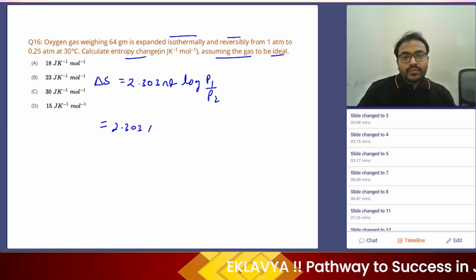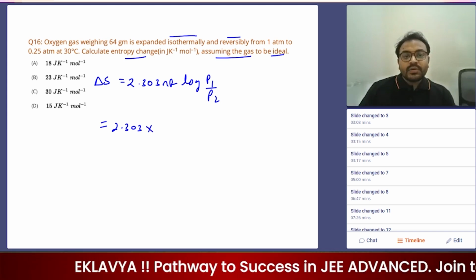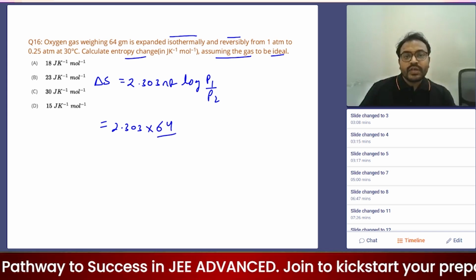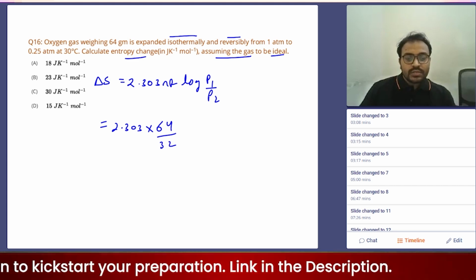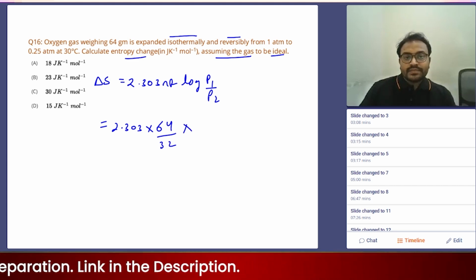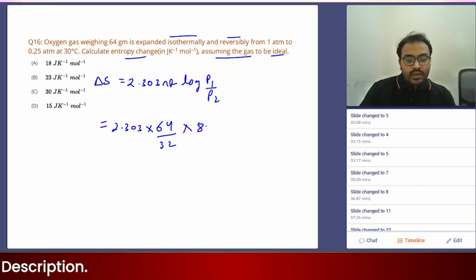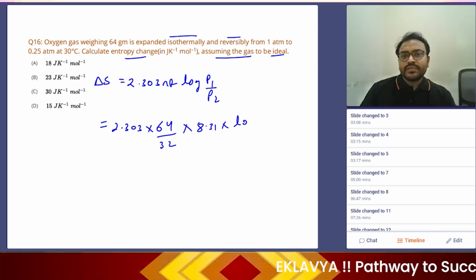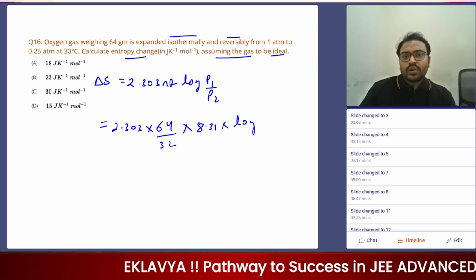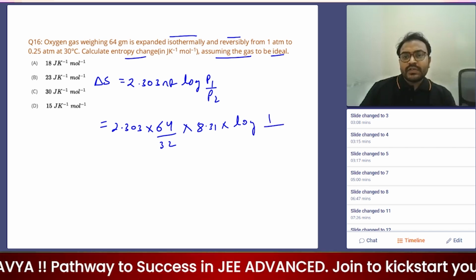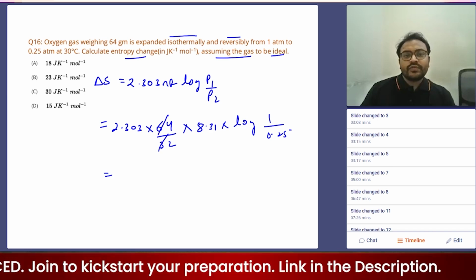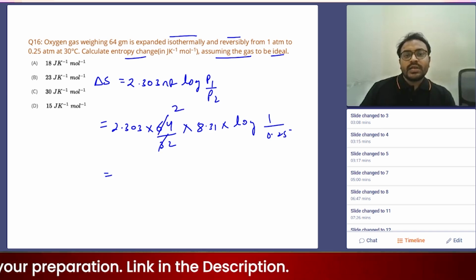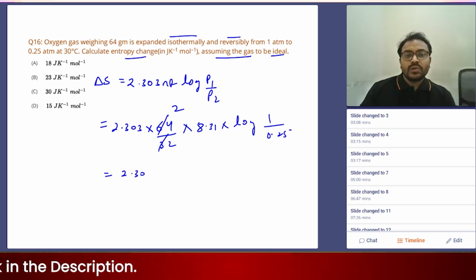Now put in all the values. The number of moles is not given but the weight is given. So the weight of oxygen is 64 divided by the molecular weight of oxygen, 32. R value is 8.314, or we can use 8.31, into log P1/P2. The initial pressure given is 1 atm and the final pressure given is 0.25, so this value will be 4.